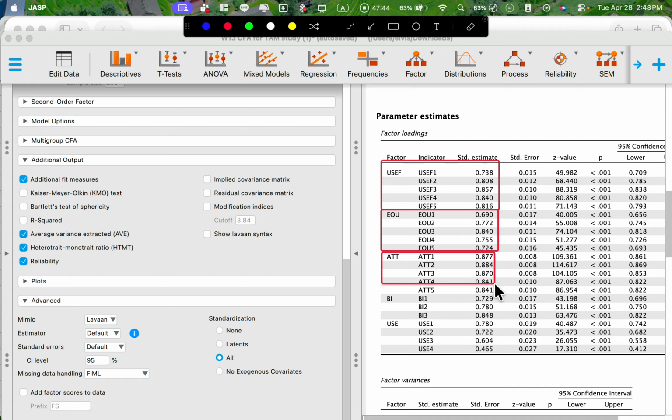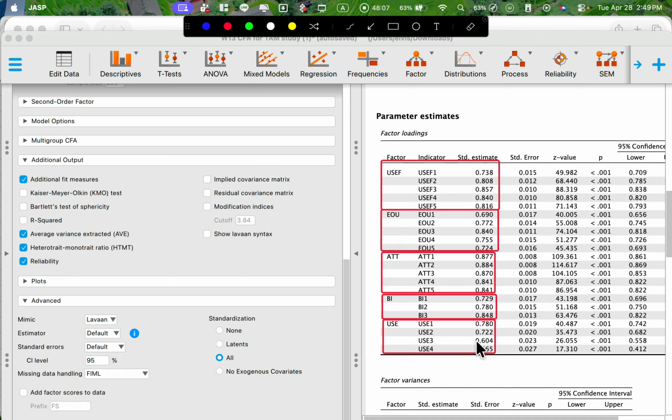How about attitude? All of them are greater than 0.7. How about intention? Yes, greater than 0.7. Usage. Okay, indicator 4 is not good. You see that? Indicator 4 and also indicator 3.